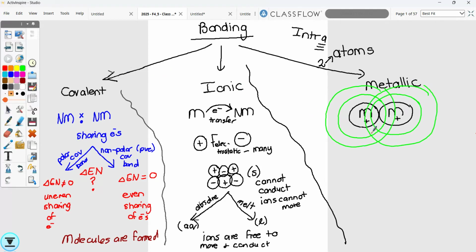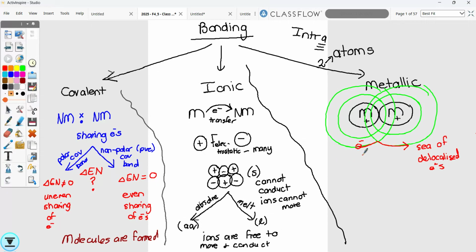And therefore you've got a little valence electron over there that doesn't know if it belongs to this nucleus or that nucleus, because it is, what's the word? It's in the electron cloud, and they are free to move, which means we call them, what do you call the electrons? A sea of, what's that word I'm looking for? Delocalized electrons. Yes, so it forms a sea of delocalized electrons.